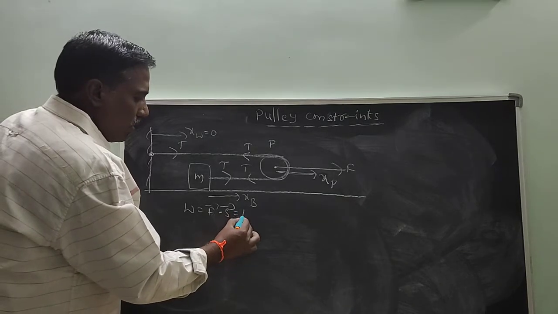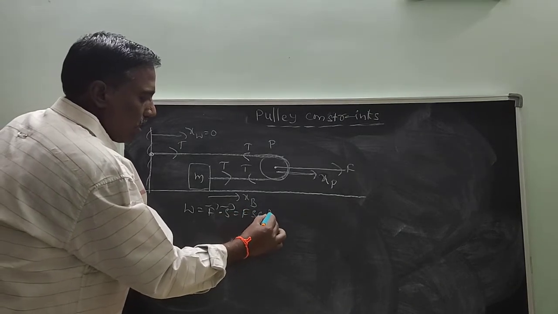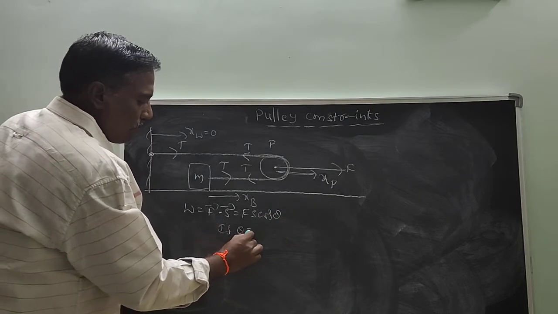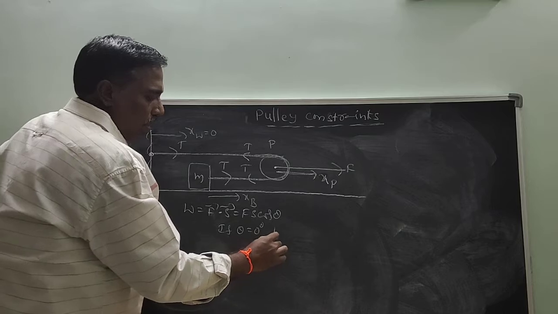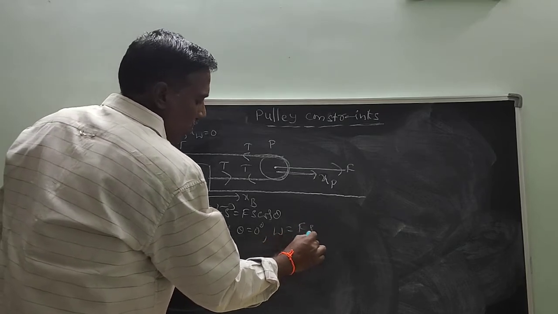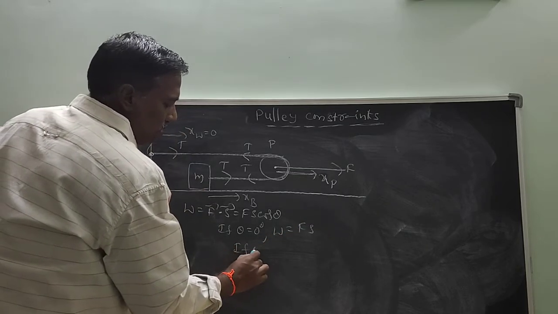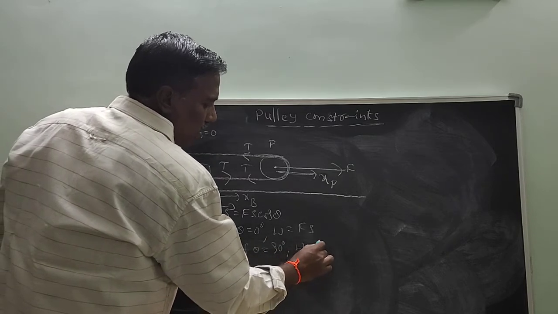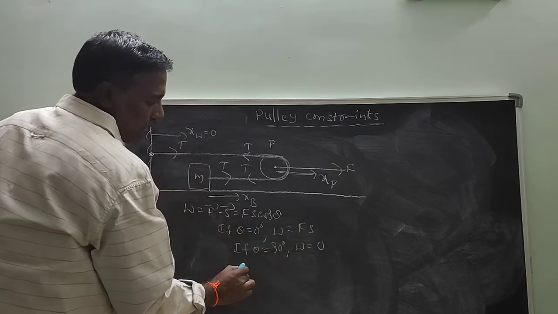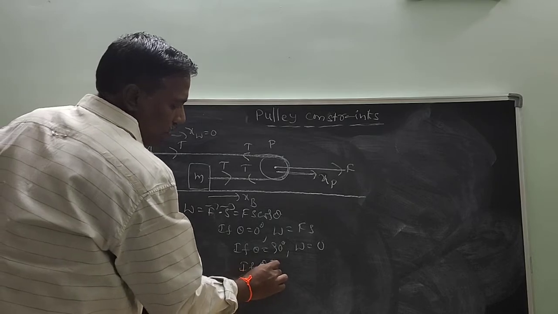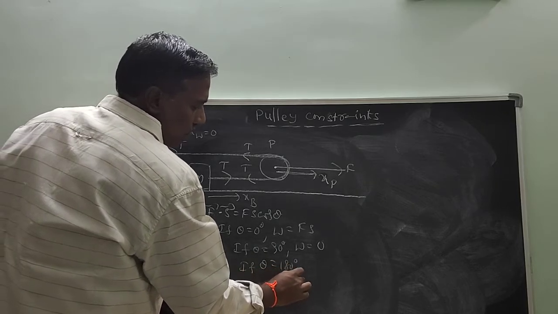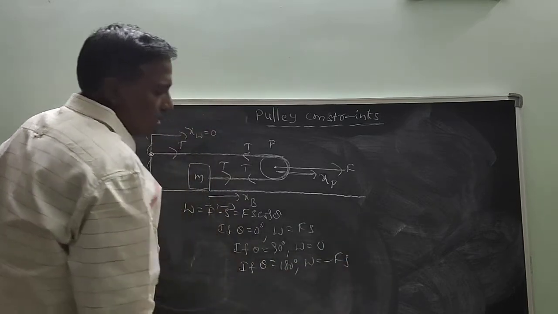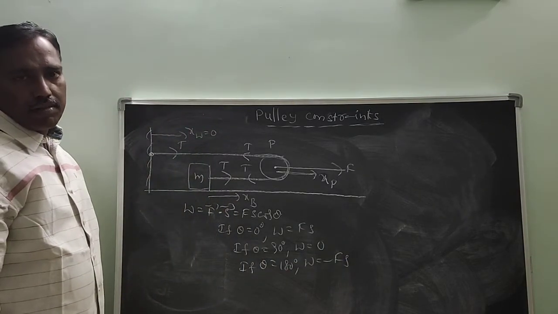This is equal to Fs cos theta. If theta is equal to 0, work done is equal to Fs. If theta is equal to 90 degrees, work done is equal to 0, Fs cos 90. If theta is equal to 180 degrees, work done is equal to minus Fs, because cos 180 is equal to minus 1.